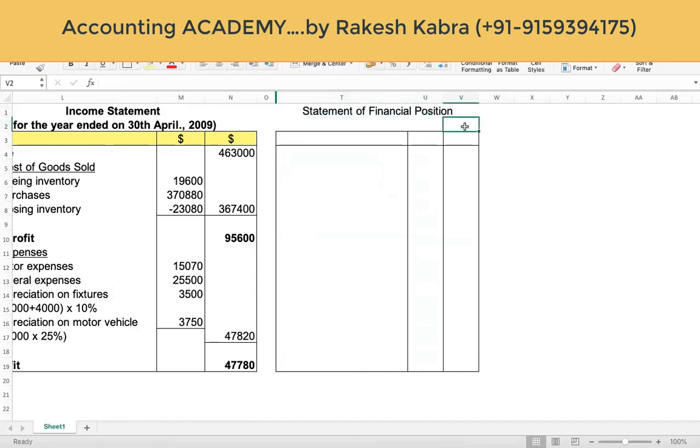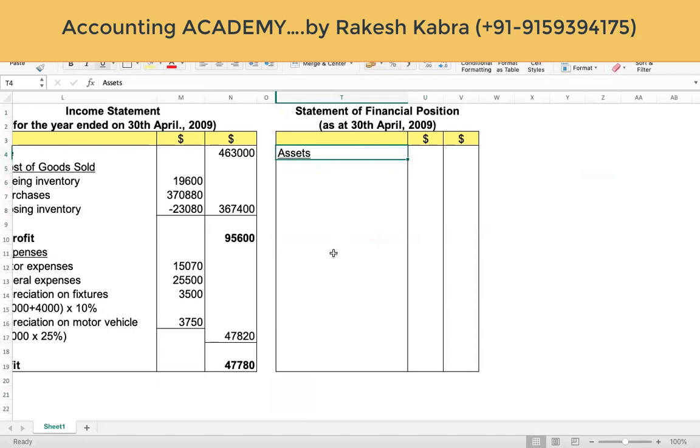Here we will write for the year or as at? As at 30th April 2009. Done. And these are the columns for amount. So first we will show assets, right?